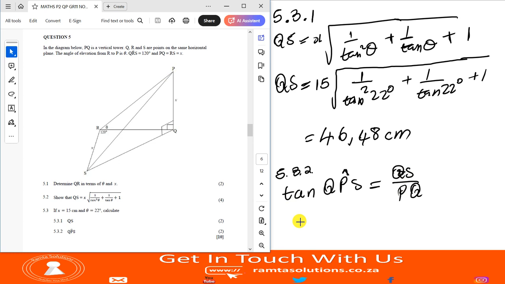So tan QPS is equal to QS over PQ. QS is 46.48, and PQ is x. The value of x was given to you as 15 centimeters. So I won't waste time.